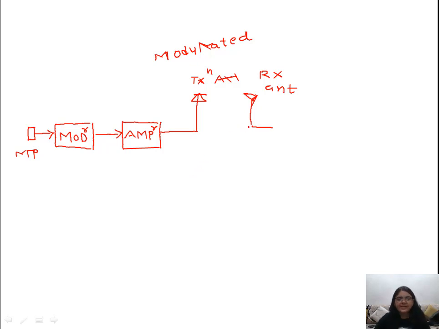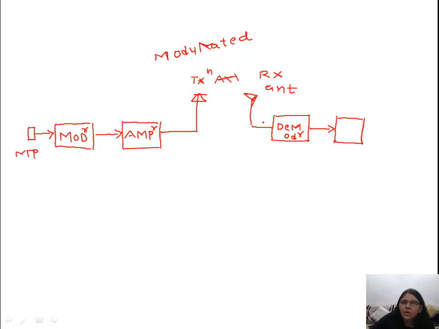So at the receiving end, I need to remove the carrier signal and recover the original information. So I need another device known as the demodulator, and that demodulator will filter out the carrier signal and give me the original signal.